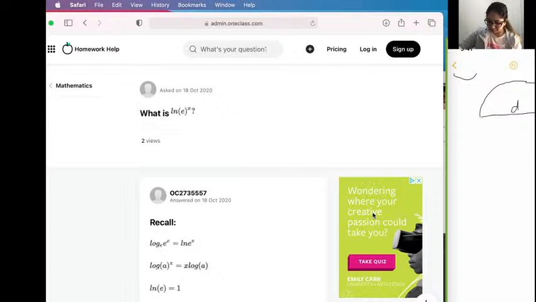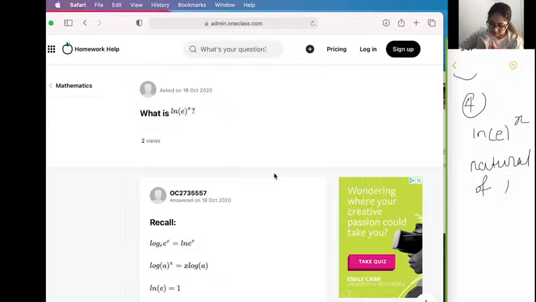So recall that ln is the natural logarithm, basically. So it's a log base e. So a log base e is an ln function.